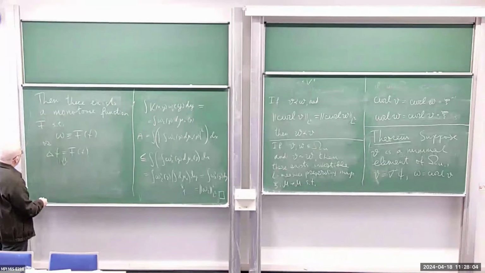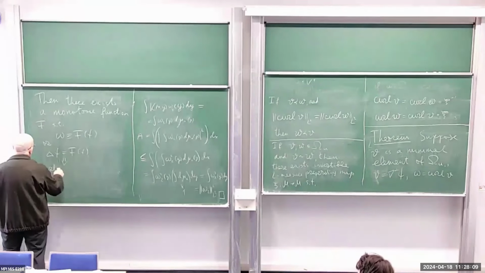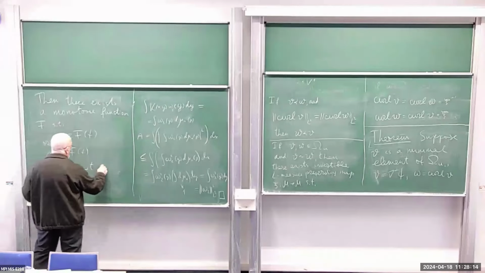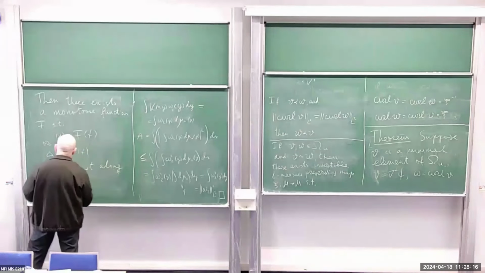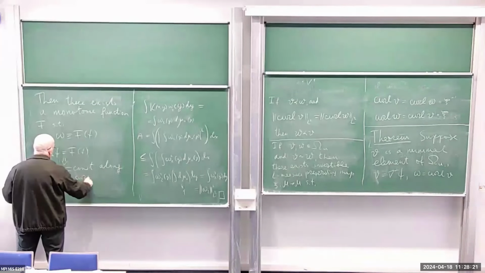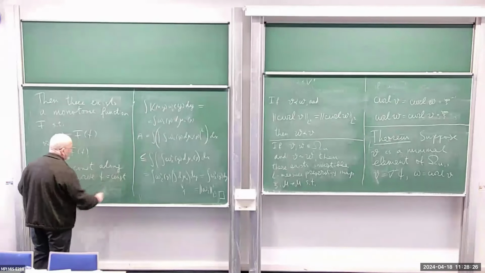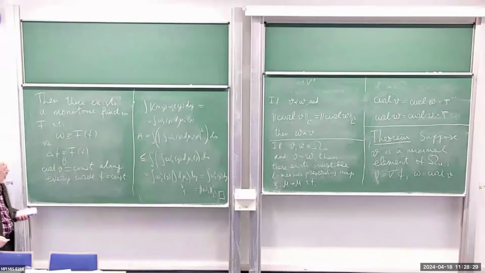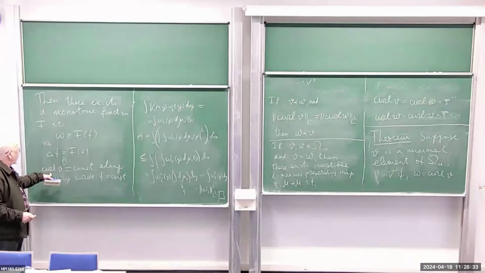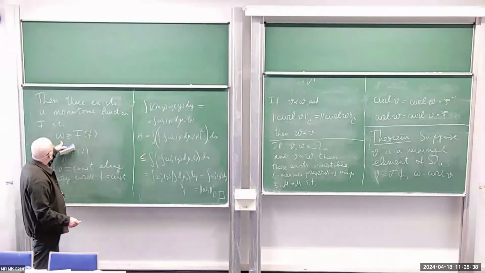And this implies the following thing. Curl V is constant along every curve where psi is constant. Because it's simply curl V is a function of stream function. Yeah, it's written here.